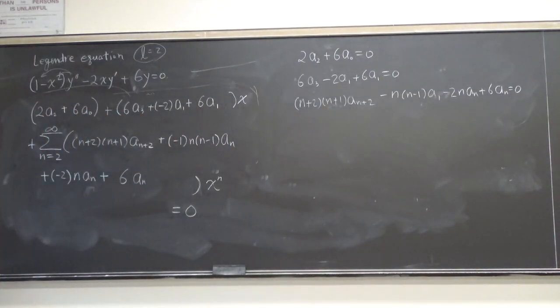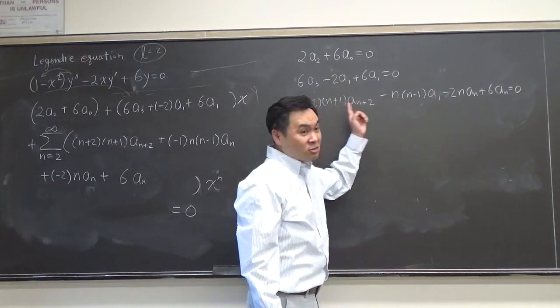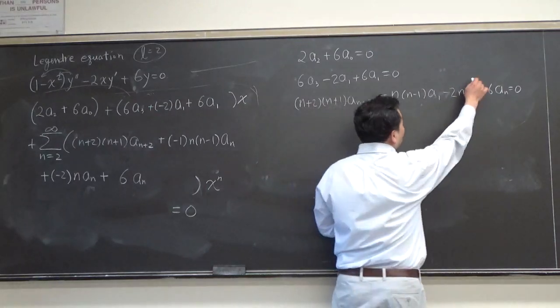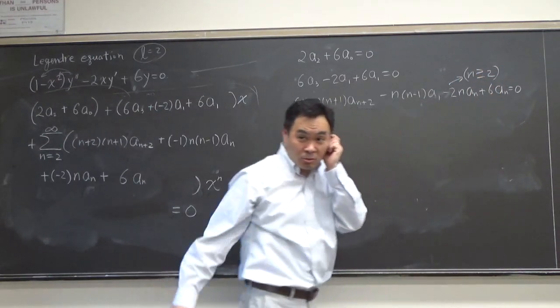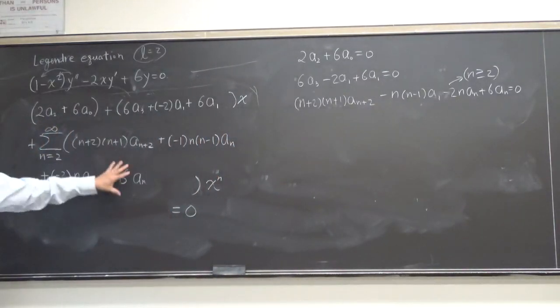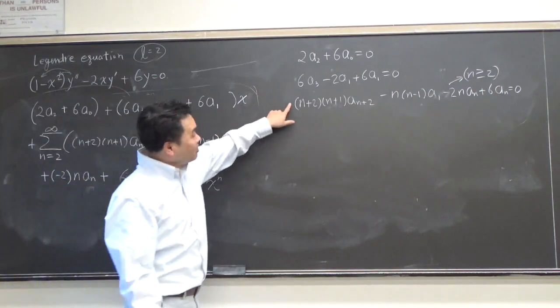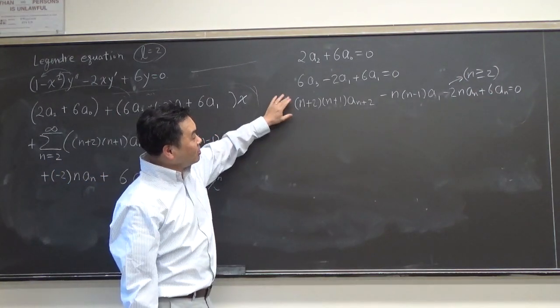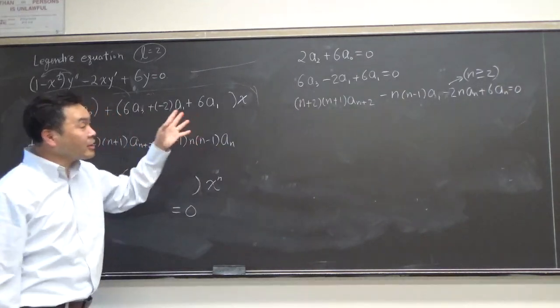Those are the conditions that we have. Notably, this last one is not a single condition, but holds for all n 2 or greater. So keep that in mind, because this is not a single term but infinitely many conditions for n 2 or greater. And that's our goal to solve.